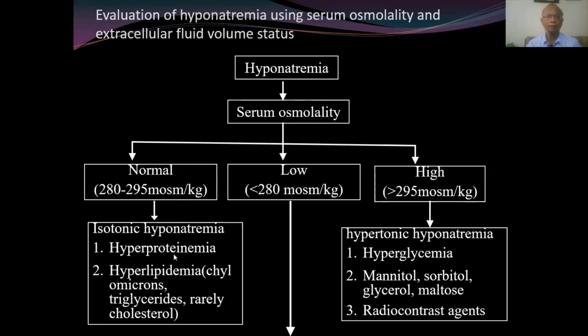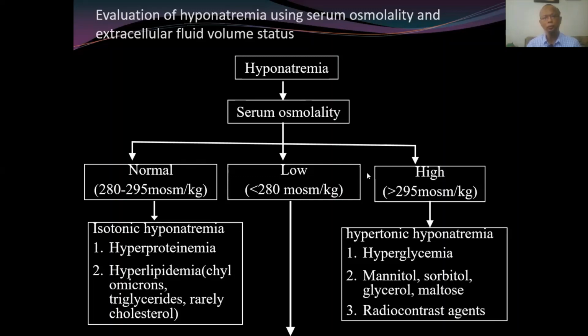Where will we get it? When there is hyperproteinemia, or hyperlipidemia, either due to chylomicron excess or triglyceride, rarely cholesterol. So if the protein and fat levels are high, then you will get isotonic hyponatremia.